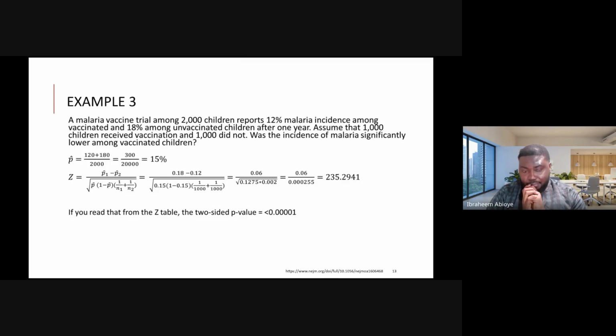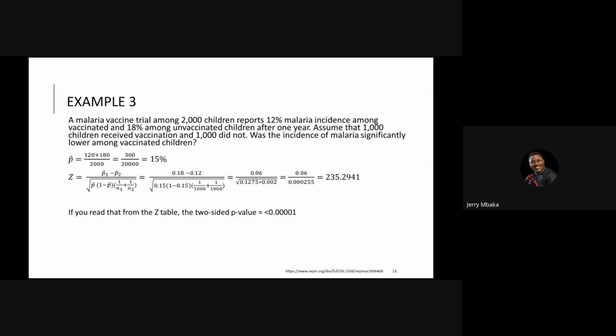Yes, that's correct. So when we are now doing two samples, because we are comparing one against another, even if there is a visual difference between the means, from the example you are projecting now, 12% malaria incidence in those vaccinated and 18% among those unvaccinated.